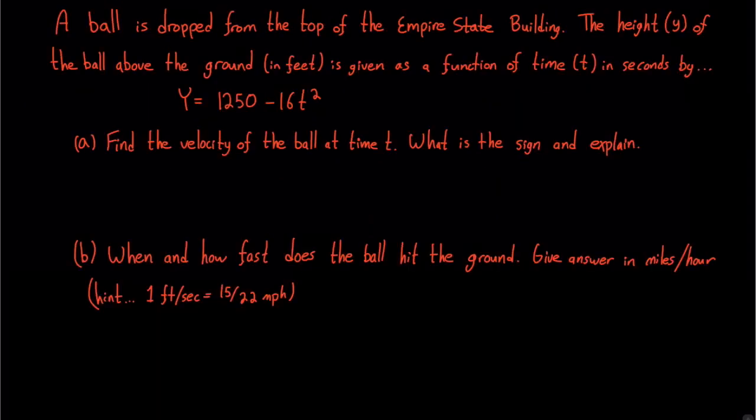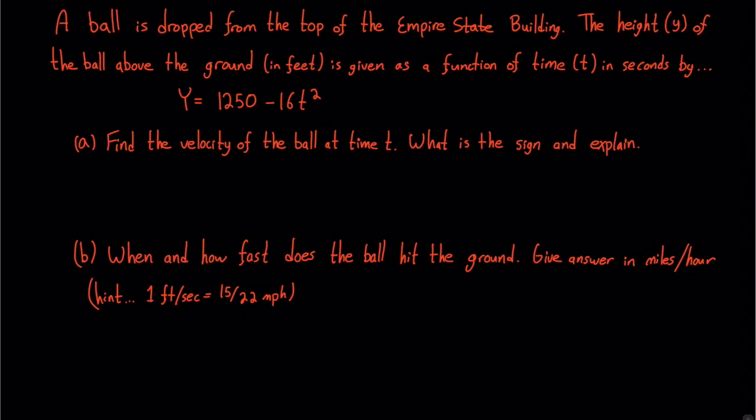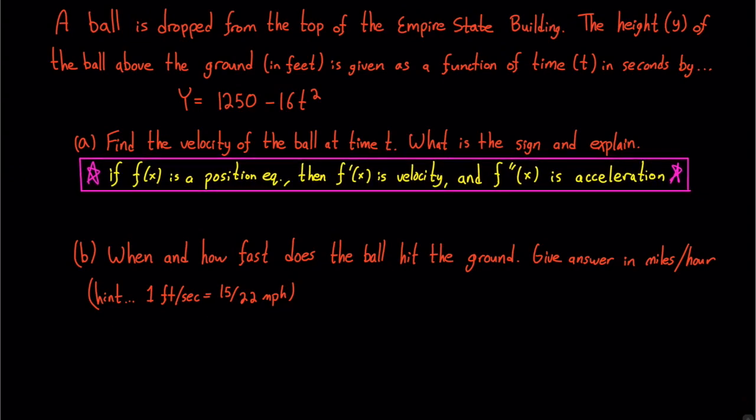Alright, let's look at a word problem. A ball is dropped from the top of the Empire State Building. The height y of the ball above the ground, in feet, is given as a function of time in seconds by this equation. The first thing we need to find is the velocity of the ball at time t. It does not give us a specific time, but it wants us to find it in terms of t. The first thing we need to understand is this concept.